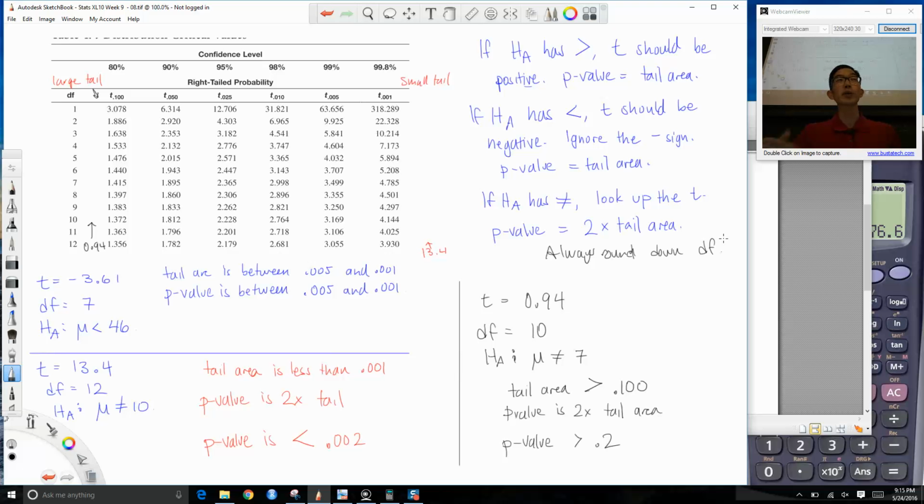So we want to round down, and we would go to 30 degrees of freedom. Even if you have 48, you go to 40. Even if you have 1,000,000 degrees of freedom, according to this table, you should round down to 100 degrees of freedom, because infinity is actually way farther away from 1,000,000 than 100 is from 1,000,000.